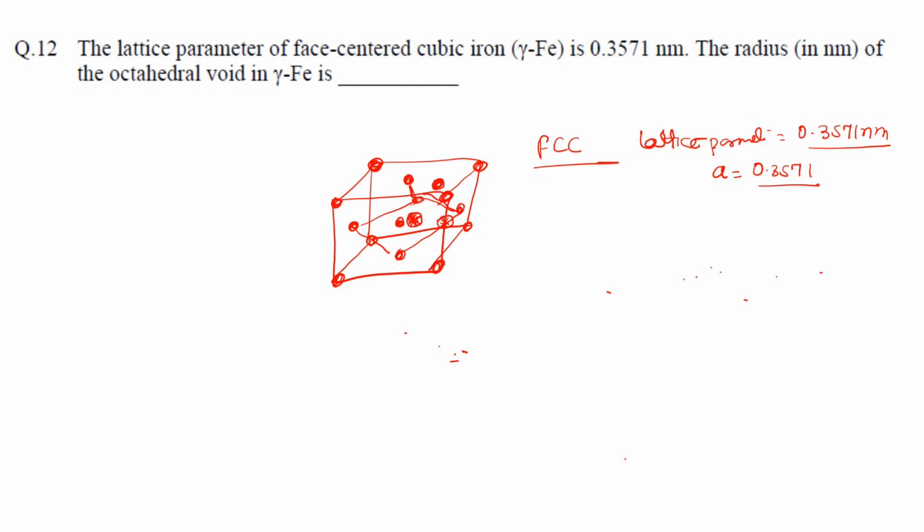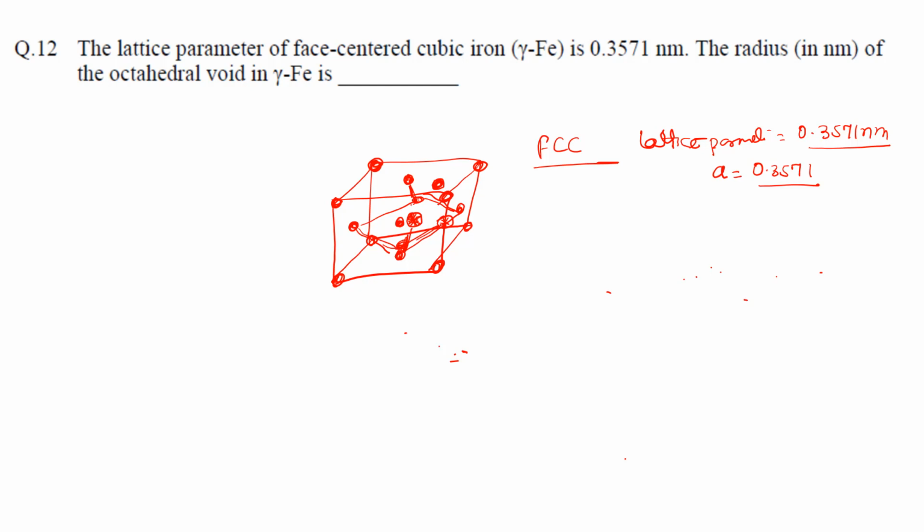And 1 from the top and 1 from the bottom. So if you take the body center, you take the 4 side face atoms and 1 top face atom and 1 bottom face atom. So the body center position will be the position of the octahedral void, right?